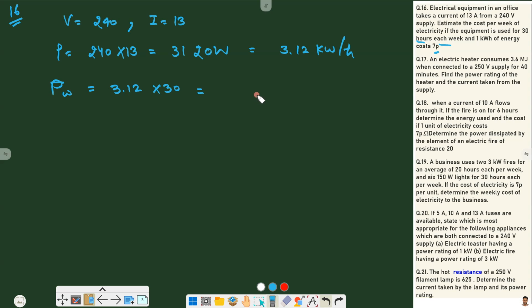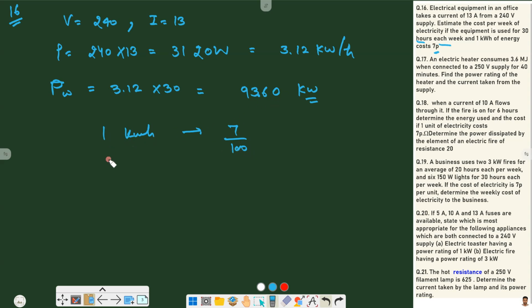This comes out to be 93.6 kilowatt hours. So now 1 kilowatt hour costs 7 paise. So cost for 1 kilowatt hour is 7 paise or 7 by 100 rupees.